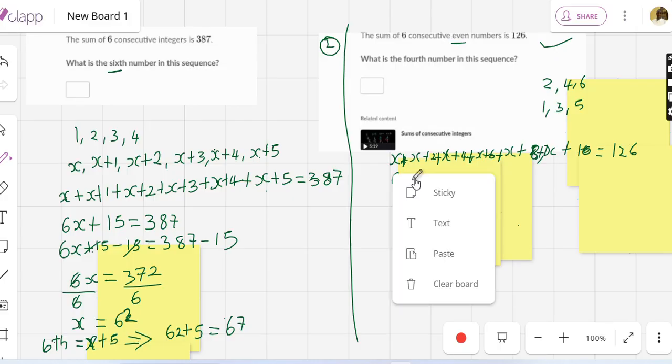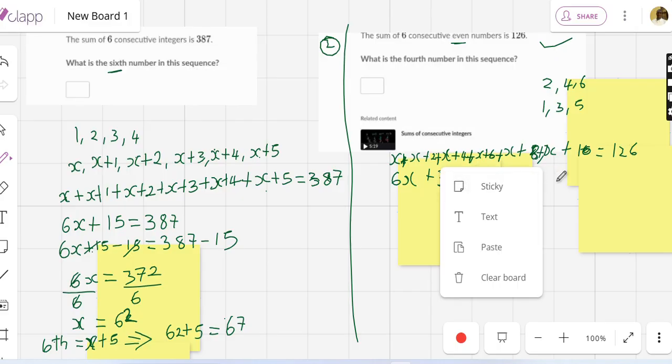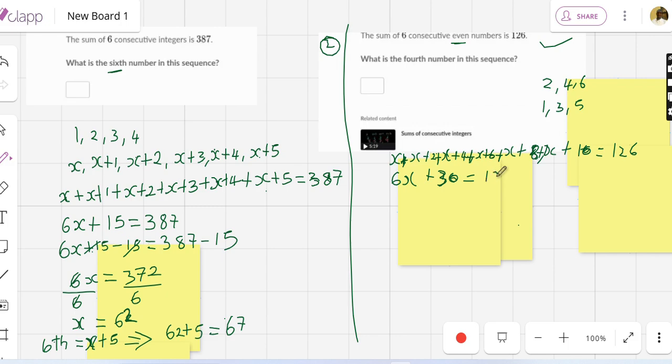We'll have 6x plus 2 plus 4, 6 plus 6, 12 plus 8, that's 20 plus 10, that's 30. 6x plus 30 is equal to 126. So 6x plus 30 equals 126.